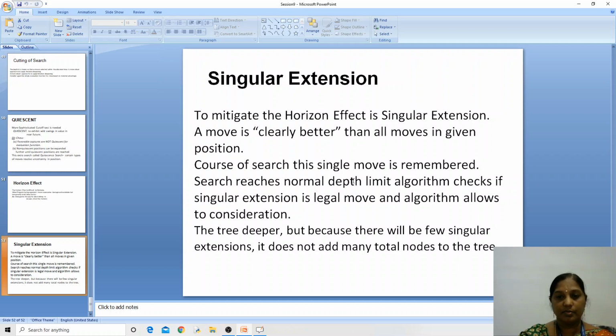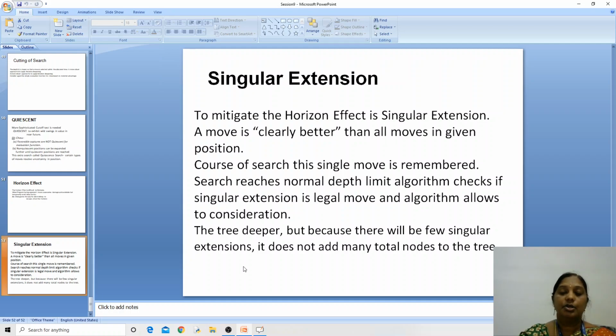So we have to remember the single move, and when search reaches the normal depth limit, the algorithm checks whether the singular extension is a legal move, and the algorithm allows it to be considered. Suppose the step given by the opponent is illegal; it has to check whether it is a legal move or an illegal move. If it is an illegal move, it doesn't consider it. It has to decide whether that is a legal or illegal move, then it moves from the horizon effect to the singular extension.